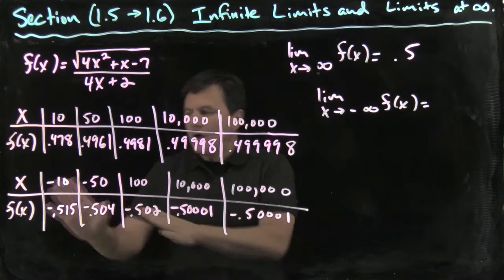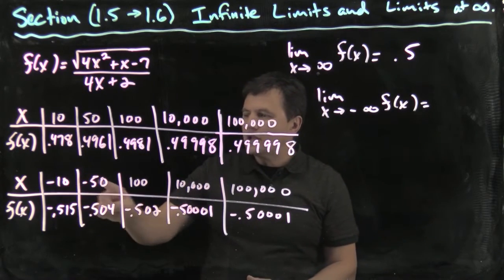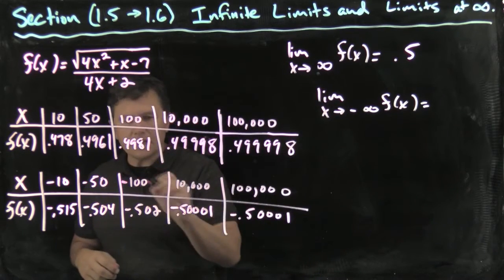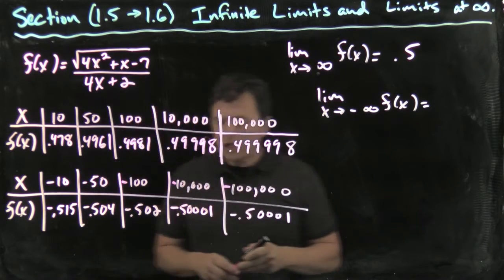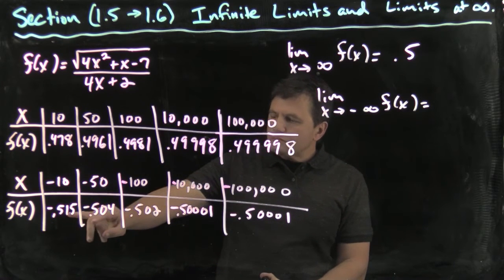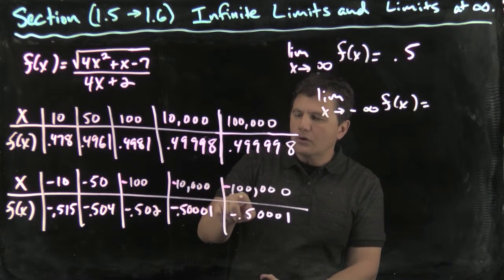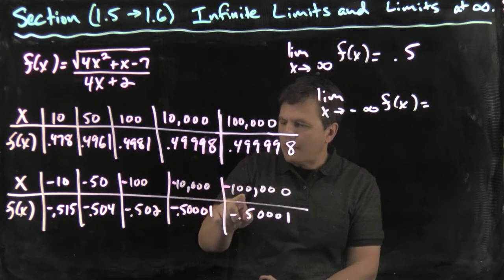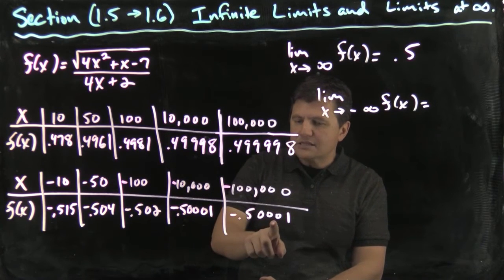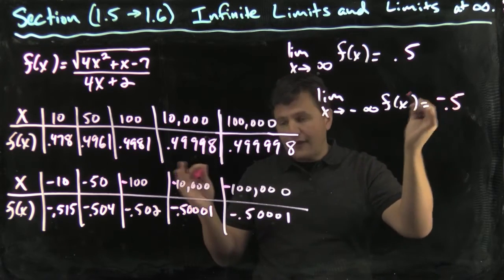Okay, so now we're going to do the same thing as we go to negative infinity. So we're plugging in larger and larger negative numbers. These should all be negative, my apologies. And once again, what we see is as this number grows in the negative direction without bound, our y value looks like it's getting closer and closer to negative 0.5.